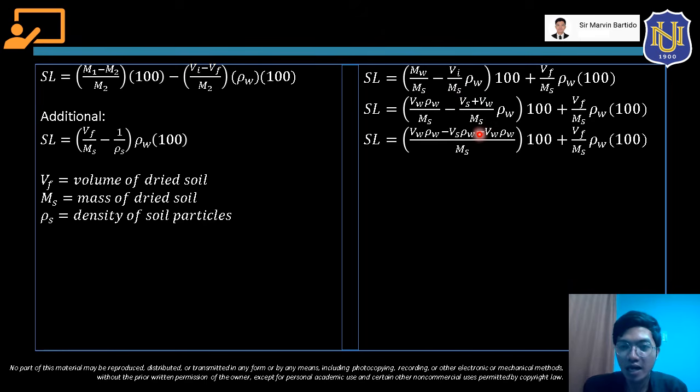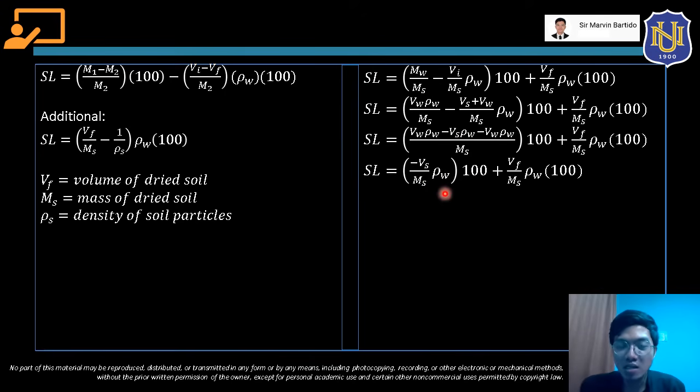So, ang mangyayari, ito na yung magiging simplified. So, pwede nating gawing one fraction lang 'to. So, common denominator nila yung M sub S. So, ang mangyayari dito class, makakancel yung V sub W times rho sub W. Makakancel 'to, tsaka 'to. So, yung matitira dito class, ay negative V sub S times rho sub W over M sub S, times 100, tapos ito.